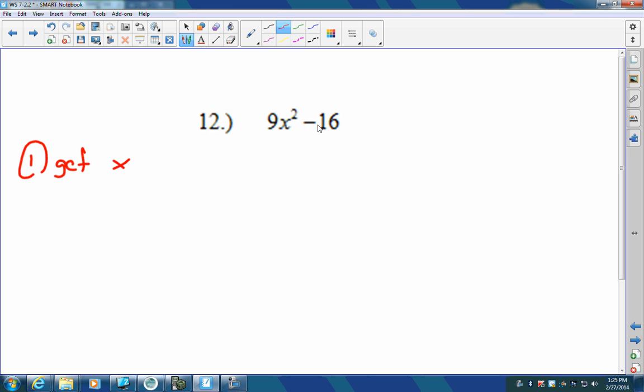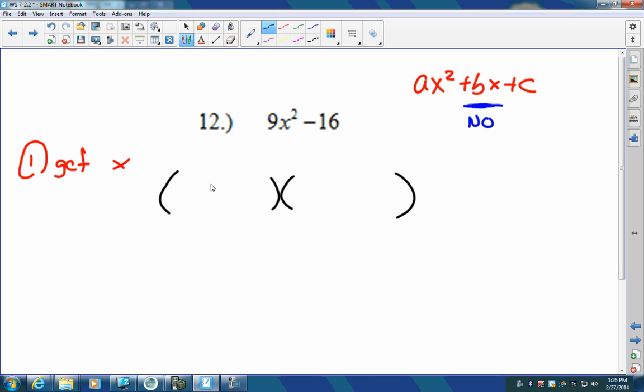Is there a middle term in this one? There's not. What I mean by middle term is ax squared plus bx plus c. Is there an x? No. When there is not, here's what we can do. How can 9 split up evenly? So let's go 3x and 3x.